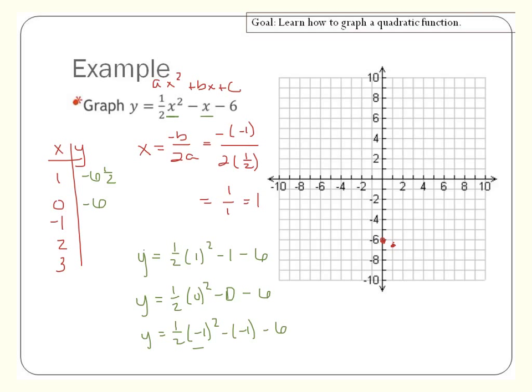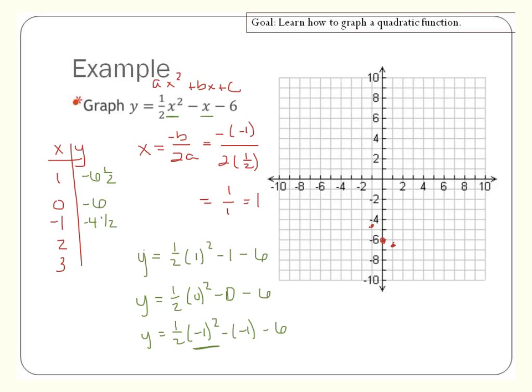Make sure that you square first before you multiply, so it's a positive 1 times a half is a half, plus 1 is 1.5, minus 6 is negative 4.5. So I'm at negative 1, negative 4.5.